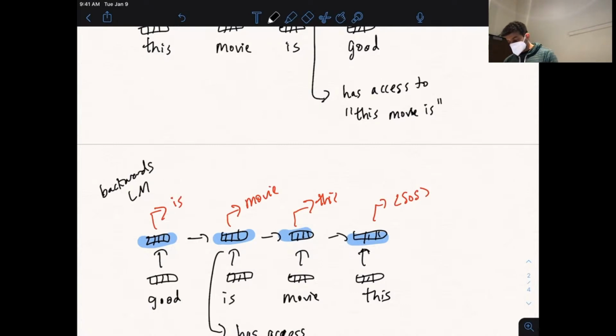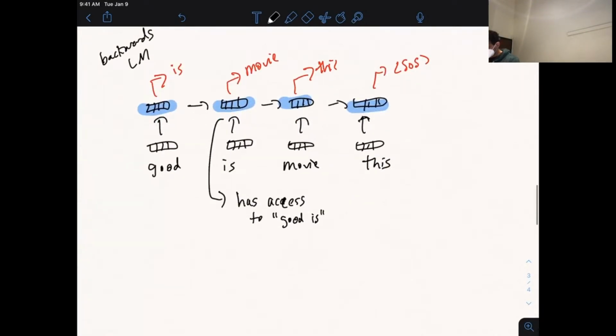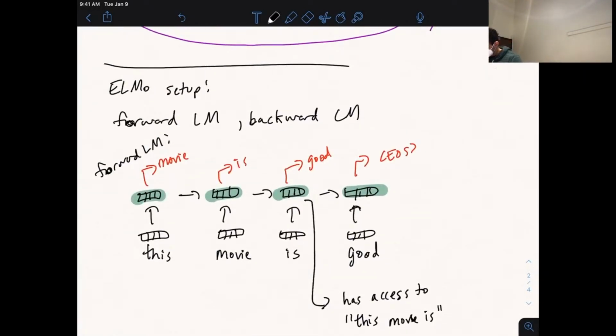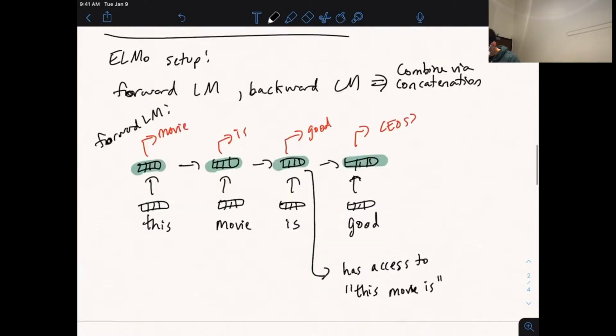So that's the general idea, but you might be thinking this is kind of hacky. Each of the pieces of this language model, the forward and backward language model, don't individually have access to the full context. It's only after the concatenation that they work. So we combine via concatenation.